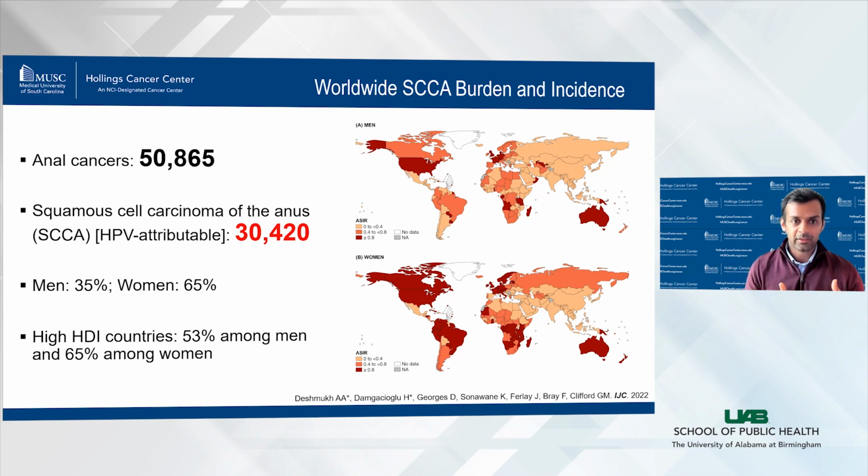Globally, in 2020, nearly 51,000 anal cancer cases were diagnosed. Of those, nearly 30,500 were HPV attributable. The majority of anal cancer burden occurs among women: 65% of anal cancer cases worldwide occurred among women and 35% in men, mostly in high HDI, Human Development Index, countries.